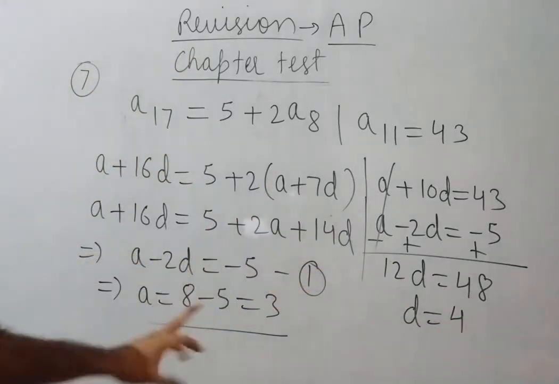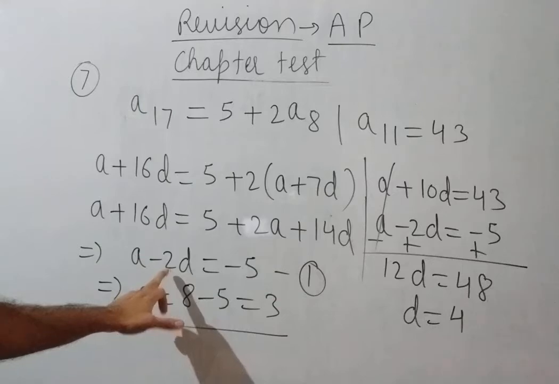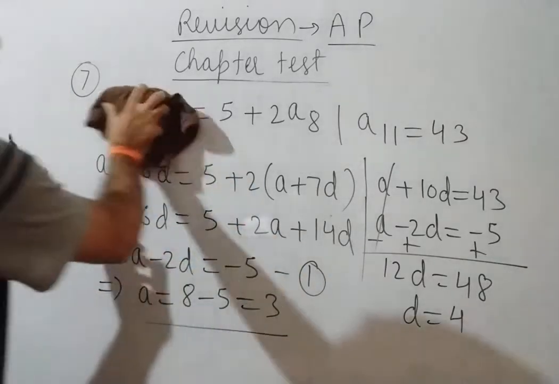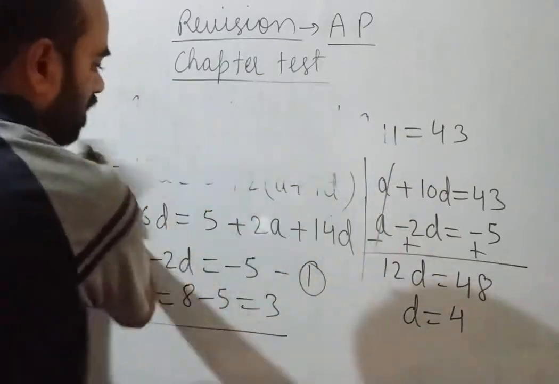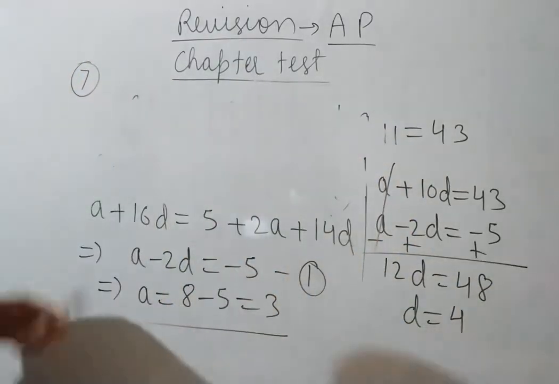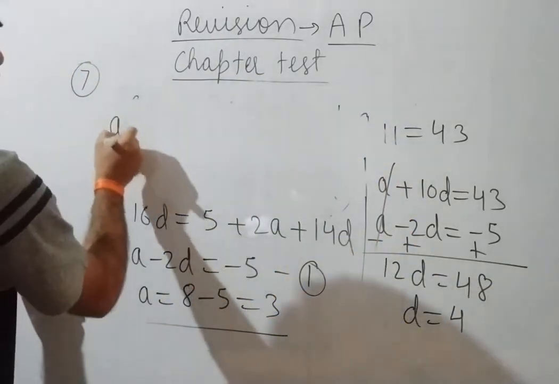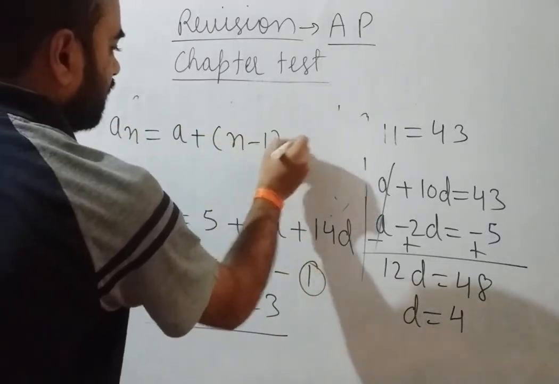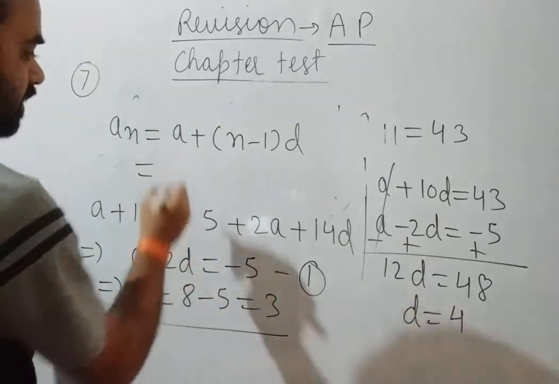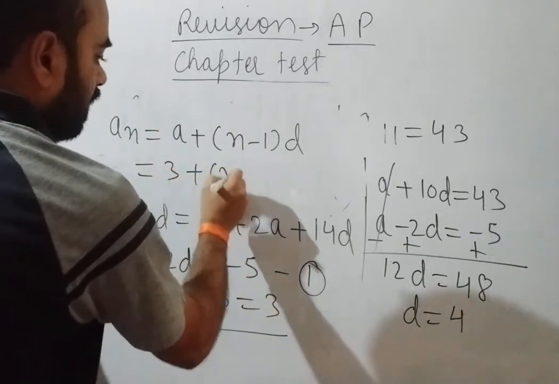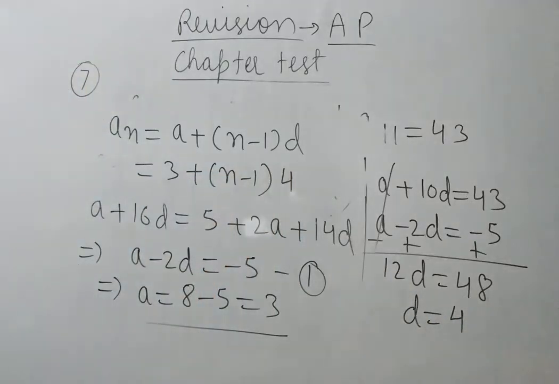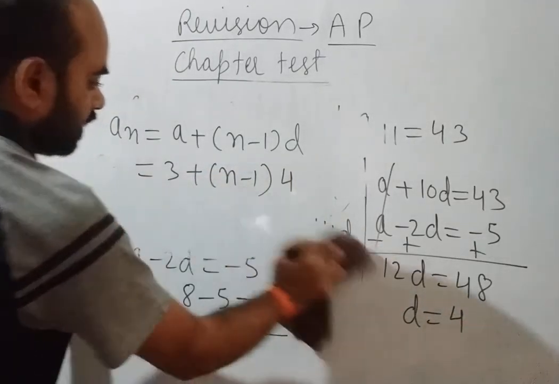Correct? D is 4, minus 8, 8 minus 5, 3. Now the nth term will be by the formula A plus (n minus 1) into D. First term is 3, n minus 1, common difference is 4. So this is your answer, you can calculate, correct?